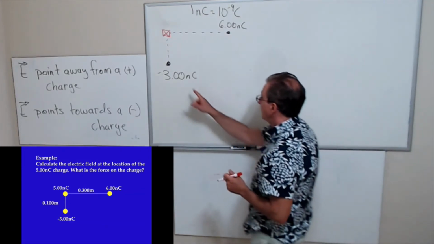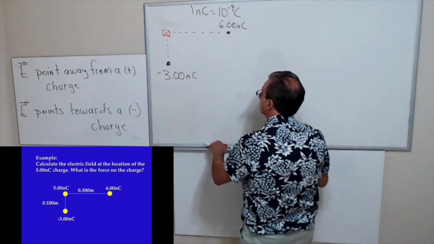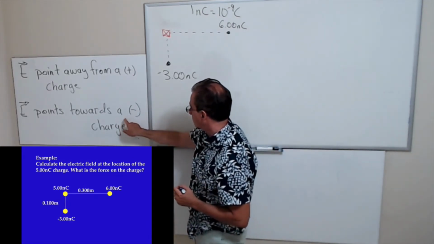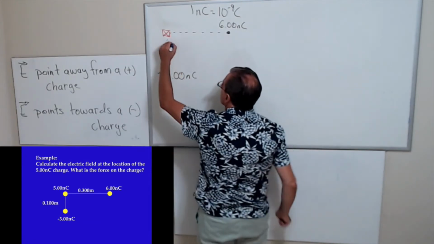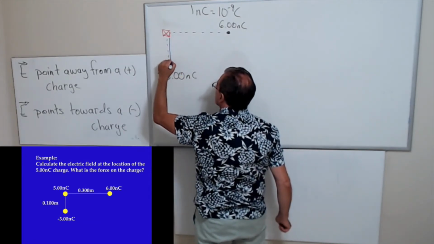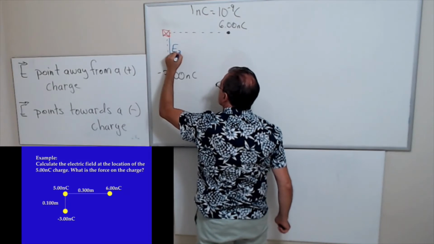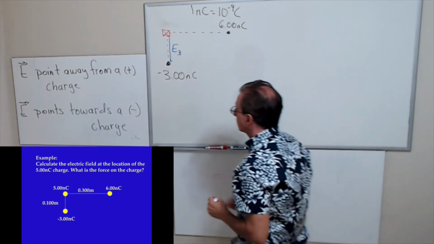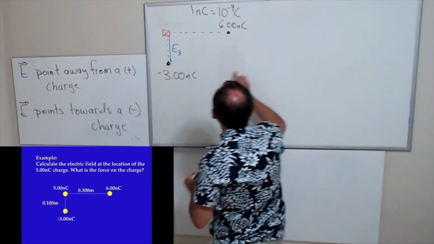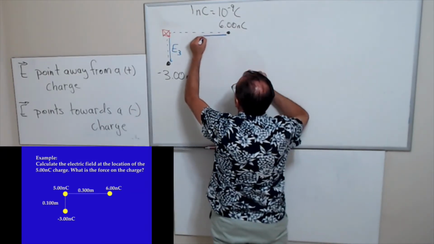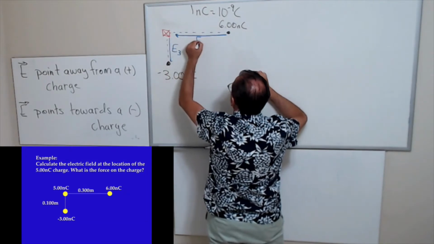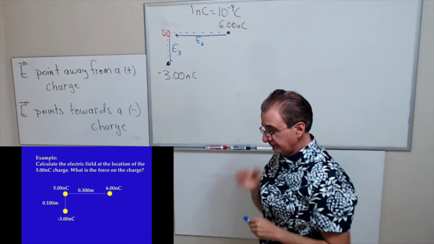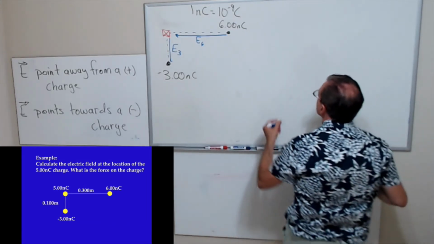So this is a negative charge. And what do we say about negative charges? The field points towards a negative charge. I'm just going to call it E3 if you don't mind. And then the field points away from a positive charge. Like that. So let me calculate the magnitudes of each one.